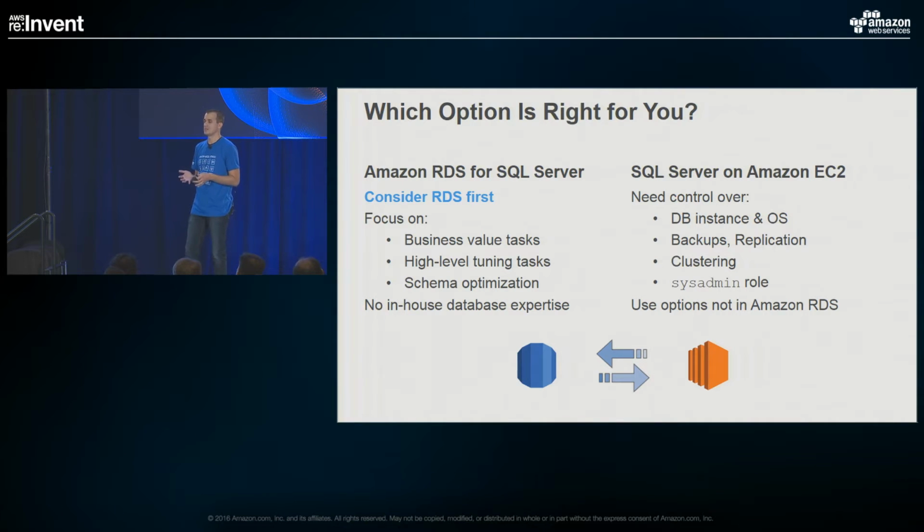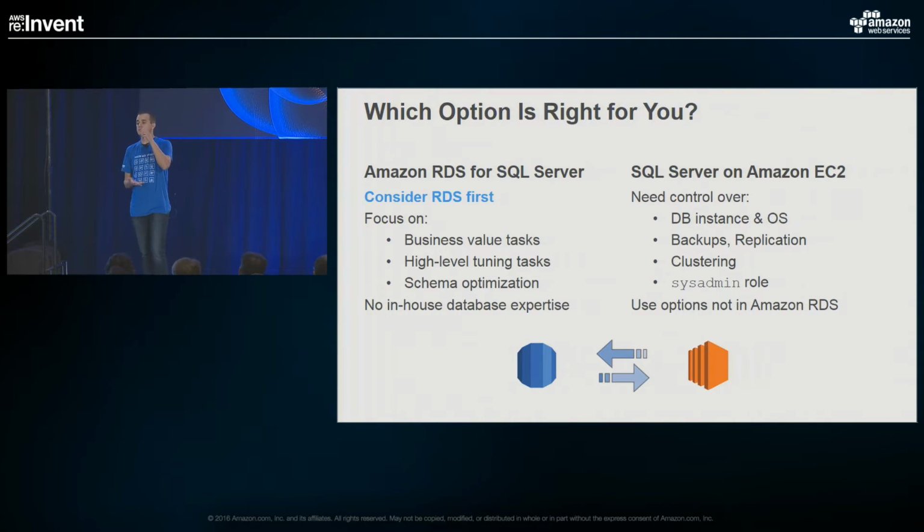So typically options and features that would impact our ability to do that in any way are not generally available on that platform, such as access to the sysadmin role, or the ability to run SSRS, SSAS, or SSIS on the instance itself. You can still use RDS as a data source for those, but running those services actually on it is impossible.